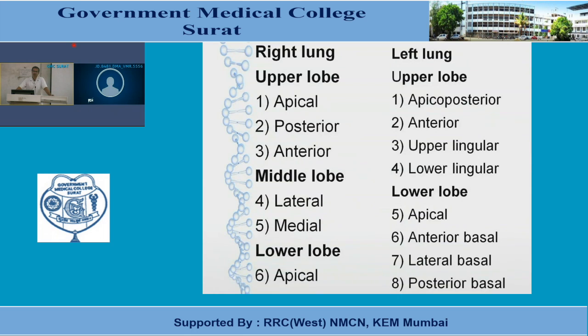Apical, posterior, anterior in the upper lobe of the right lung. Middle lobe, medial and lateral. In the lower lobe, apical, medial basal, anterior basal, lateral basal, posterior basal. In the left lung, apico-posterior, anterior, upper lingular, lower lingular, and in the lower lobe, apical, anterior basal, lateral basal, and posterior basal. Medial basal is absent in the left lung.